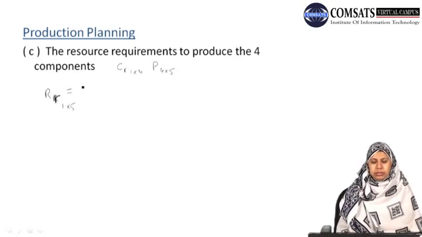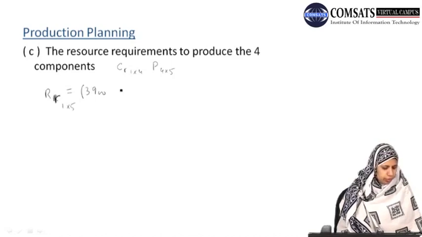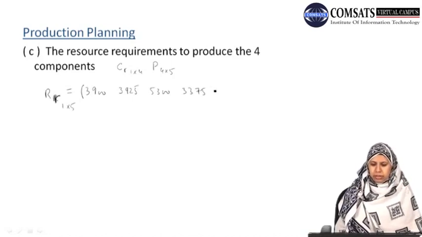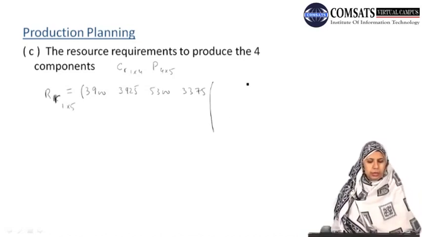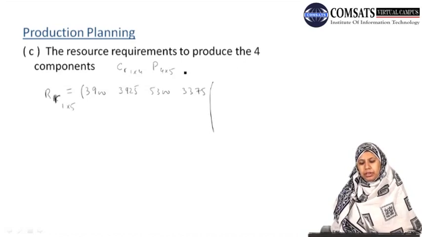That is our component requirements matrix, the number of units required for each component, multiplied by our matrix P, which tells us the number of units required from each resource for each particular component.